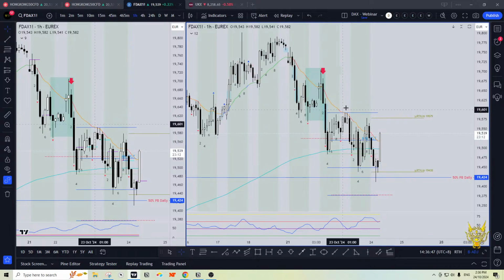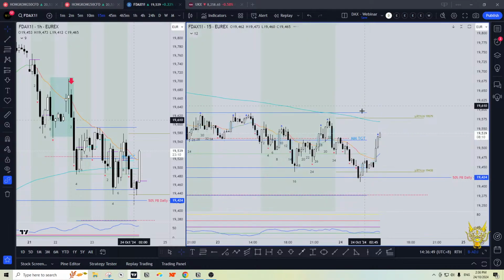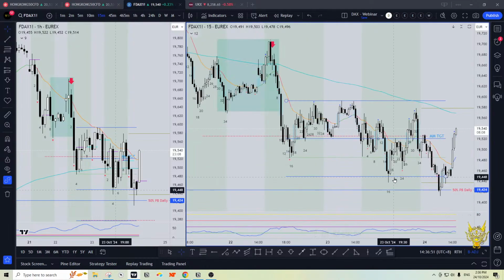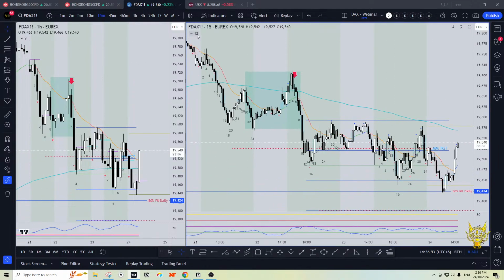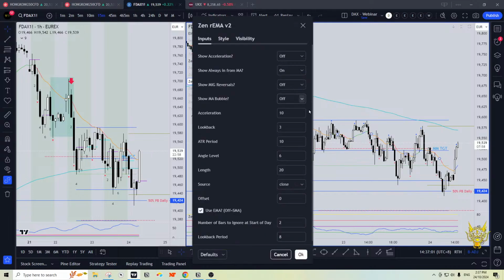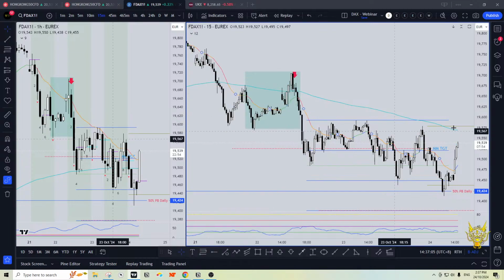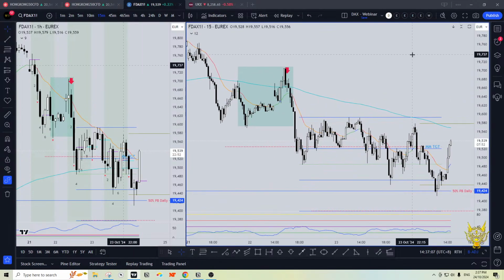If we zoom into this spike, I'll just get rid of the bar numbers for now. It's just a bit annoying, isn't it? Okay, that's a bit easier to see.